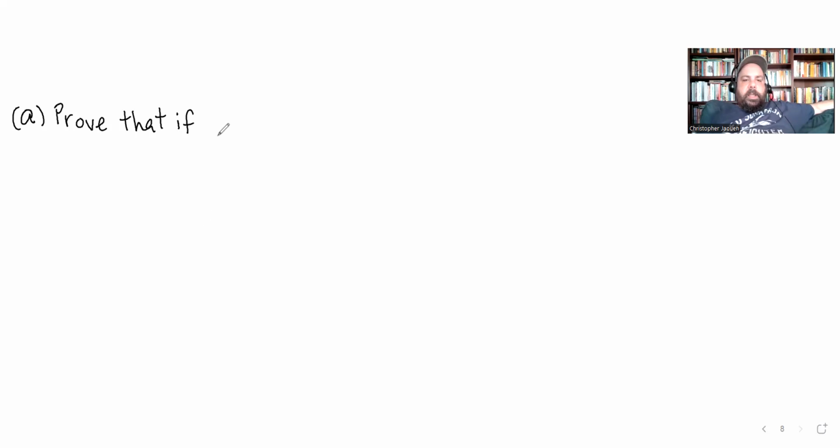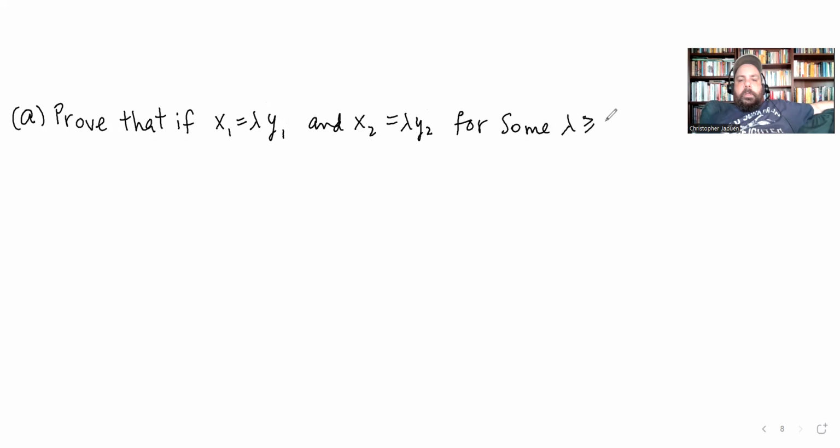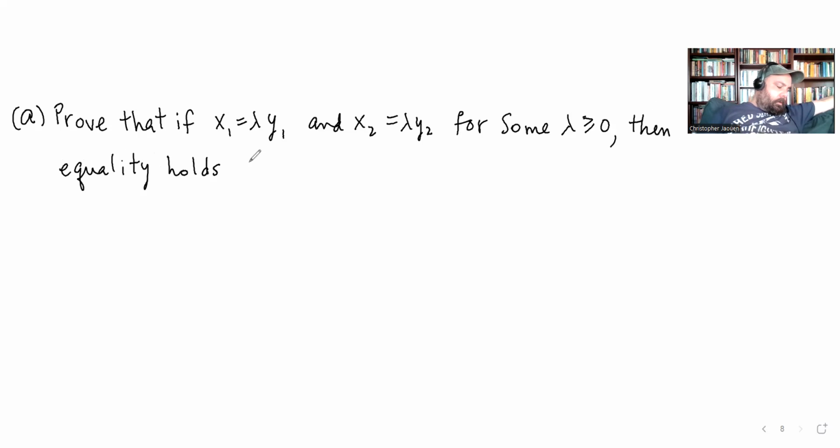Prove that if x1 equals lambda y1 and x2 equals lambda y2, for some number lambda greater than or equal to 0, then equality holds in the Schwarz inequality.